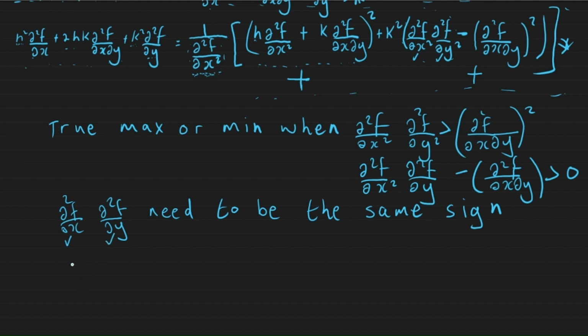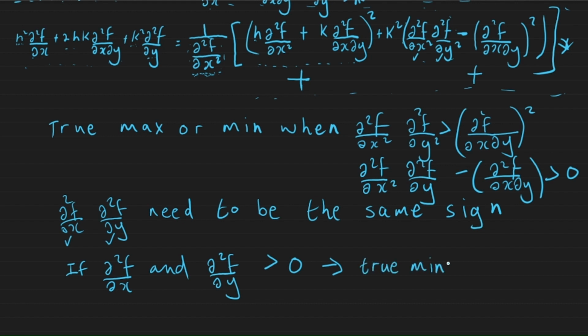So if the second derivative with respect to x and the second derivative with respect to y are greater than 0, then we have the true minimum, or the global minimum.